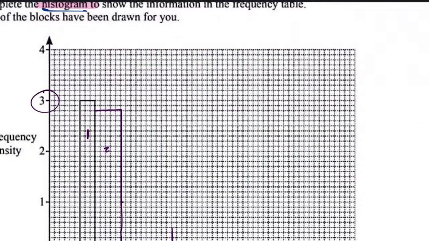This is 1, this is 1.1, 1.2, 1.3, 1.4. So 1.4 is like this one, where it meets with this. This is going to be the third one.